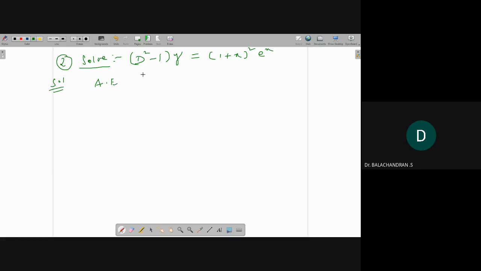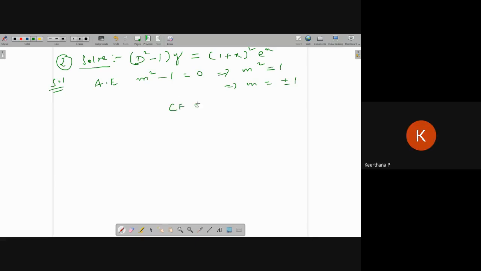Kirtana, please start. What is the auxiliary equation? Sir, m square minus 1 equals 0. So m square equals 1, this implies m equals plus or minus 1. So what is the CF?